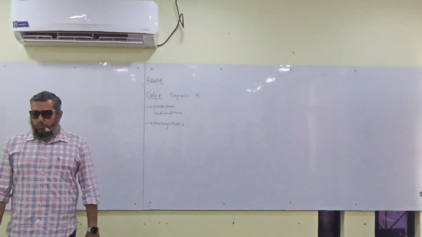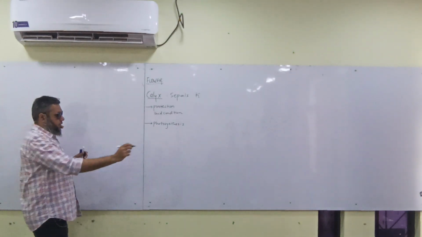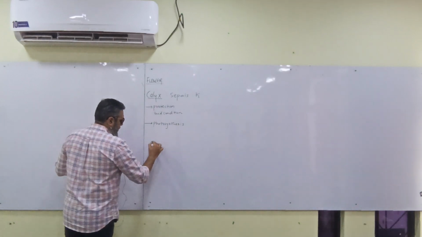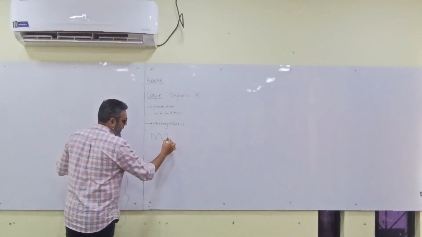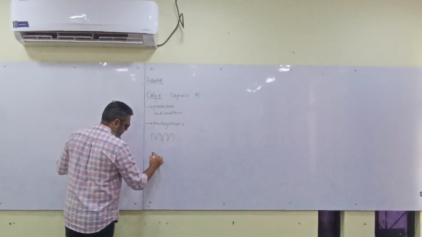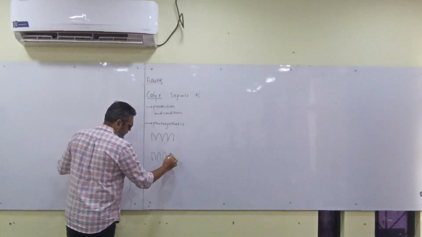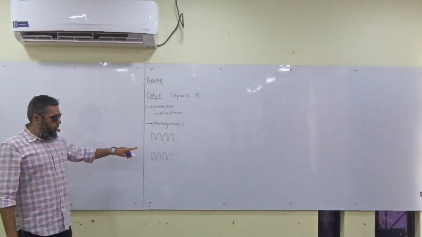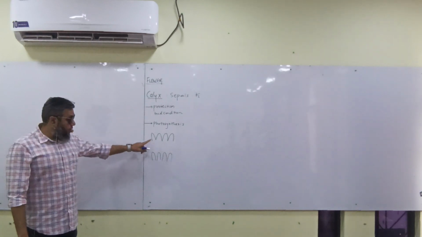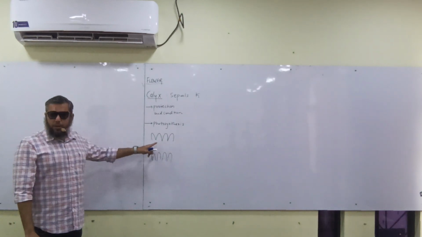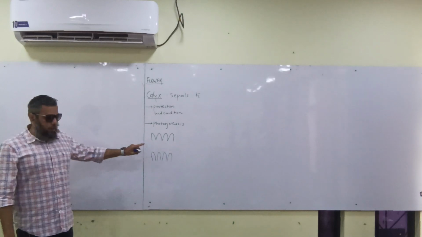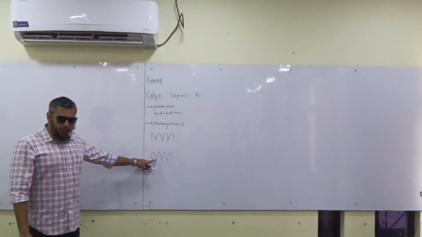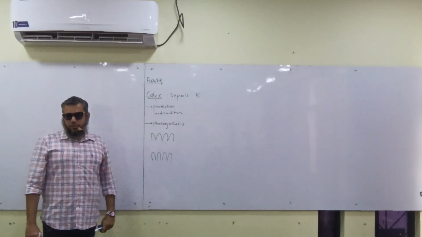Okay. Now these sepals, look at their types. In the first type, can I say all the sepals are united at the base? Yes. And here I'll say that the sepals are free at the base.